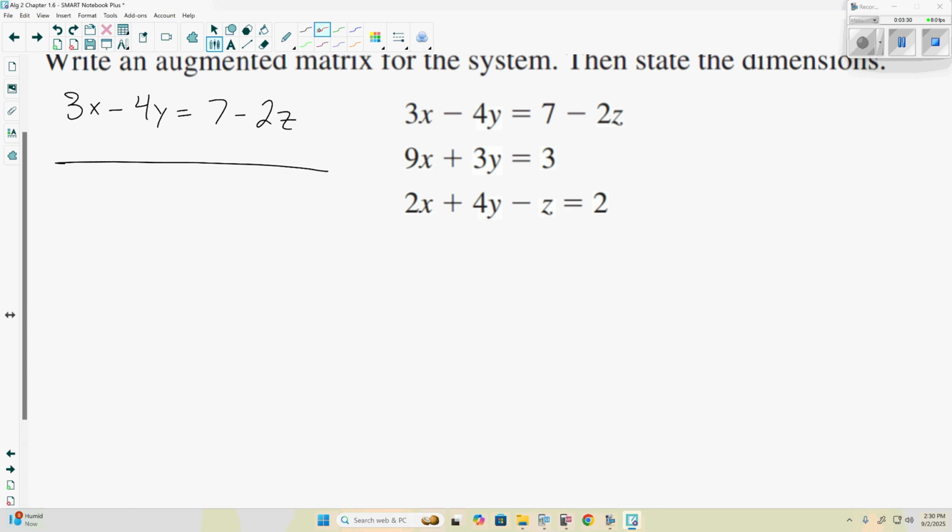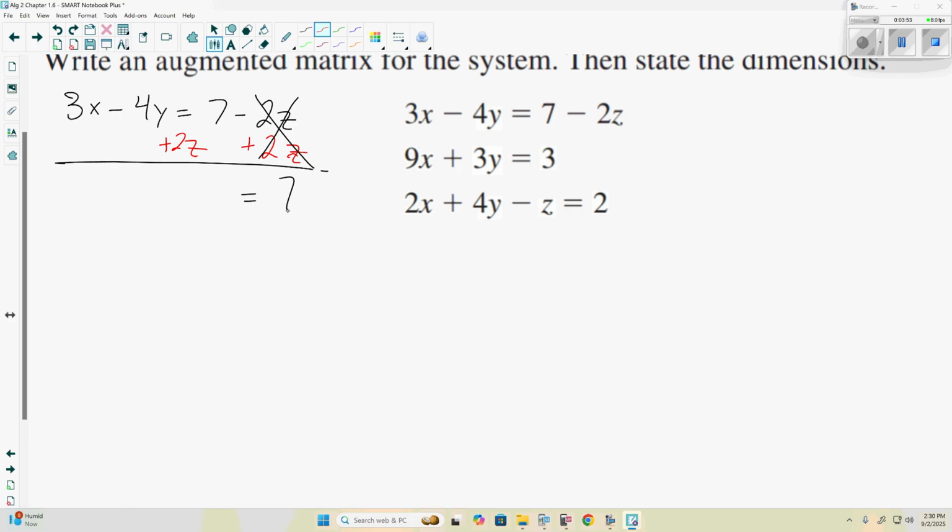So we'll have to move the z from the right side to the left. But to be able to move it from one side of an equal sign to the other, we've got to add it to both sides, because negative 2z plus 2z is 0. We do our opposite operation.